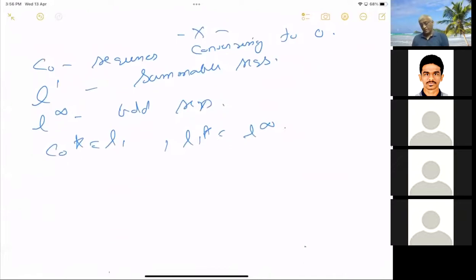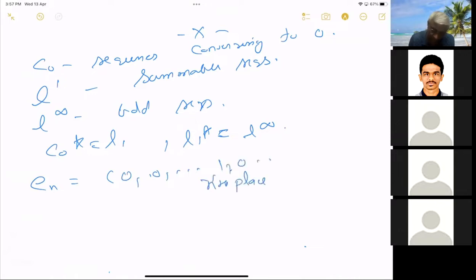So I want to say that the weak topology and weak star topology are completely different on L1. One thing to notice is to consider this En. En is a sequence with 0, 0, 0, 0, and 1 at the nth place, just the basis sequence.